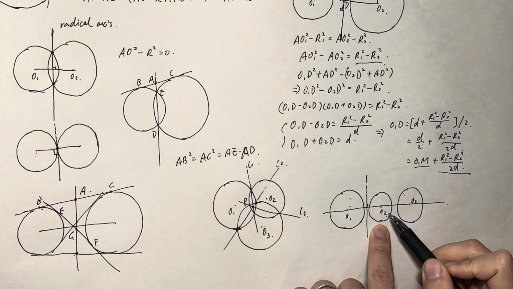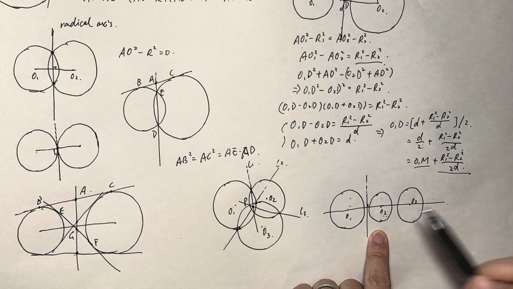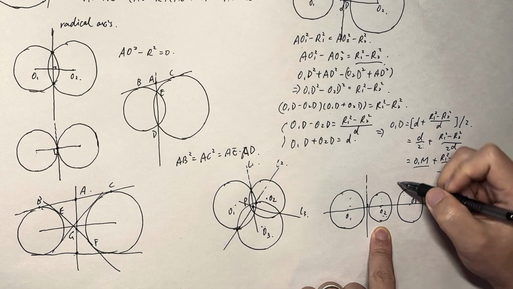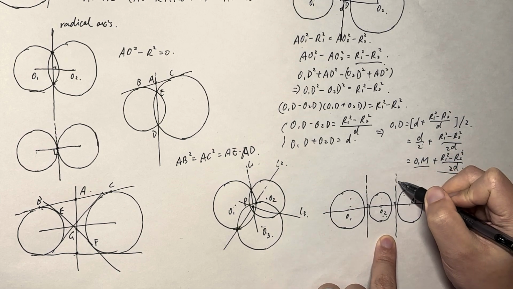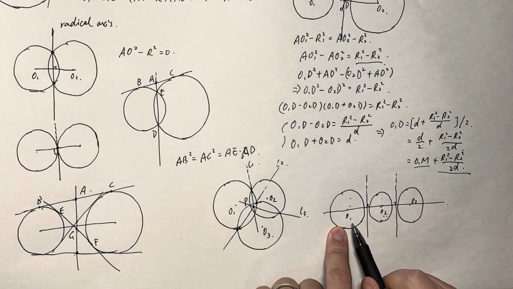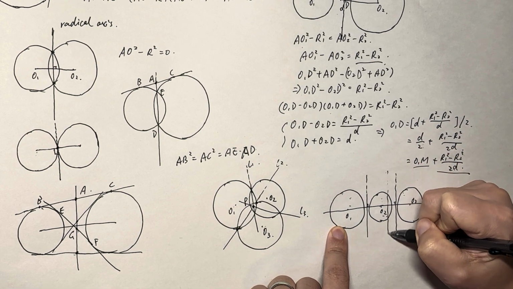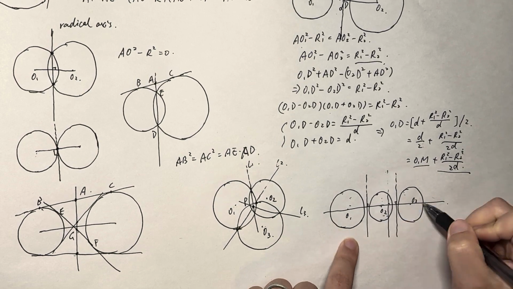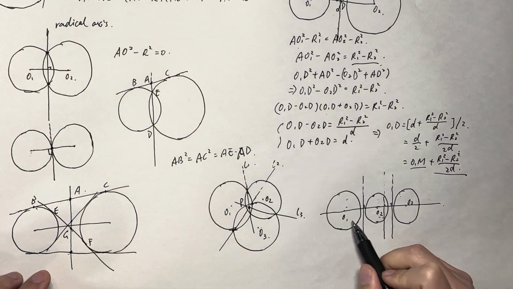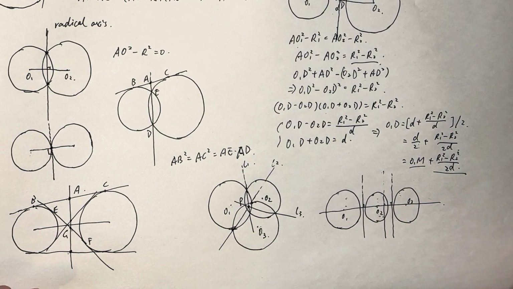And similarly, the radical axis for O2, O3 must be perpendicular to O2, O3. So they are parallel. And also the radical axis for O1 and O3 must be perpendicular to O1, O3. So all these 3 lines are perpendicular to O1, O3, which means all these 3 lines are parallel.